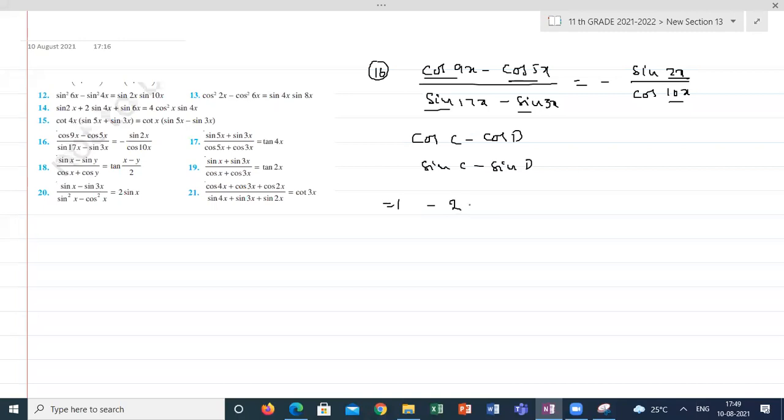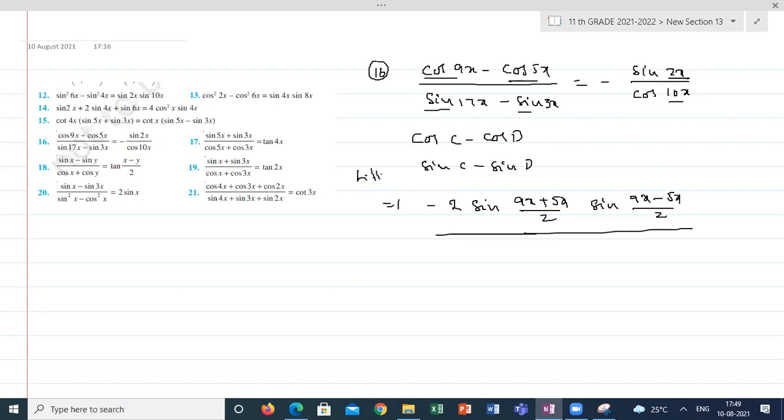Minus 2 sin of (9x plus 5x) by 2 sin of (9x minus 5x) by 2. Am I clear, madam? Yes, sir. At the bottom, sin c minus sin d is 2 cos of (17x plus 3x) by 2 sin of (17x minus 3x) by 2.